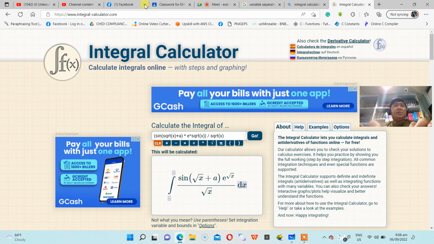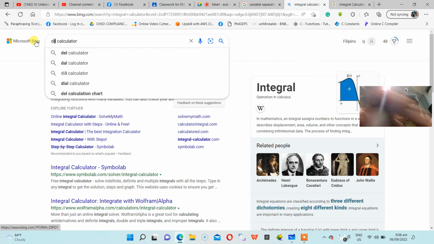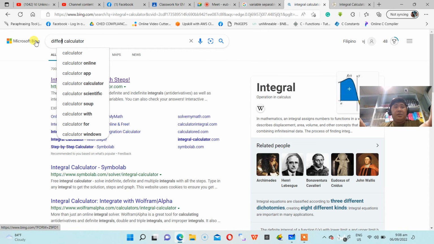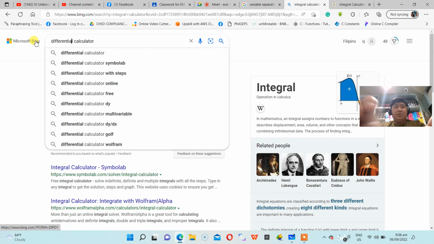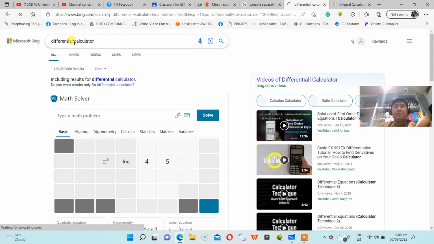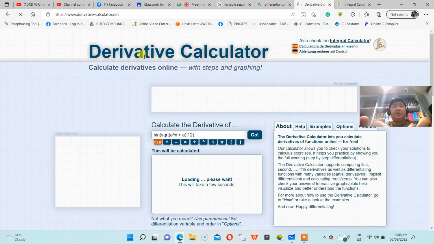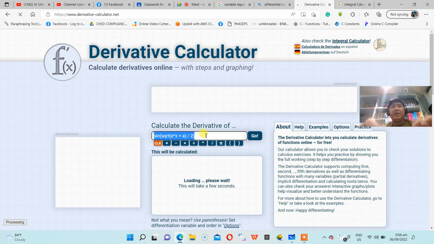Okay, so if you forget your differential calculus, you type differential calculator. So differential calculator or derivative calculator. Then the same way, they have the same creator. So you could do that one and derive it. Okay?